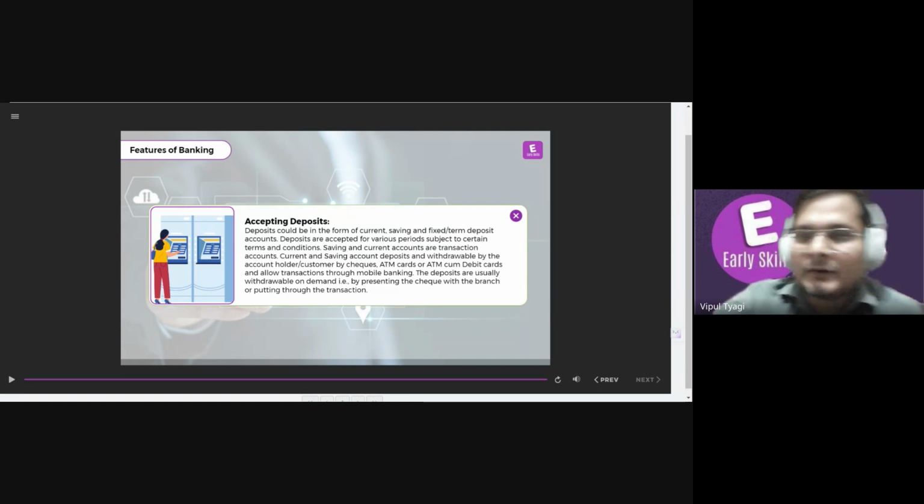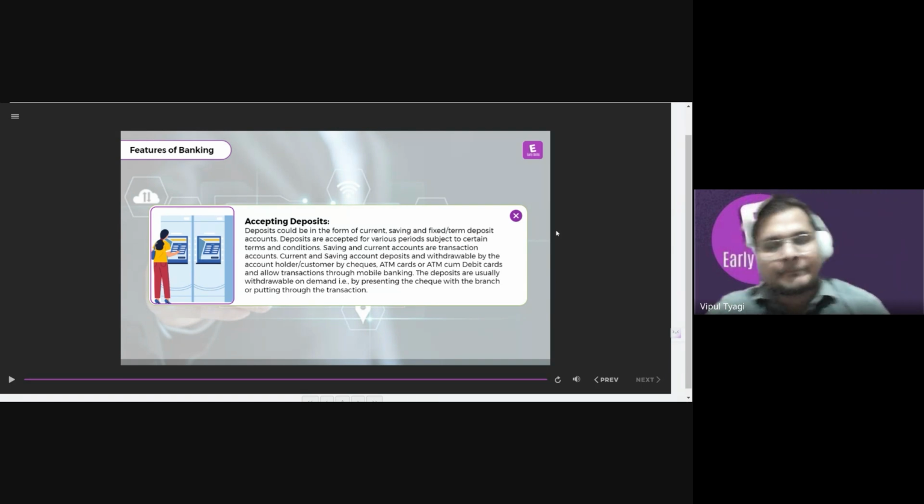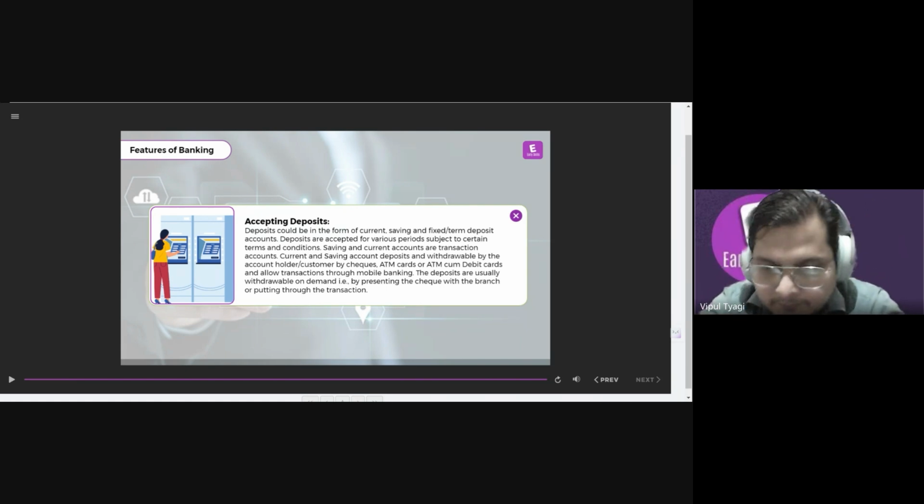Suppose, do you understand what is a fixed deposit, Abhi? FD, fixed deposit. Yes, sir. What is that? What happened in fixed deposit?